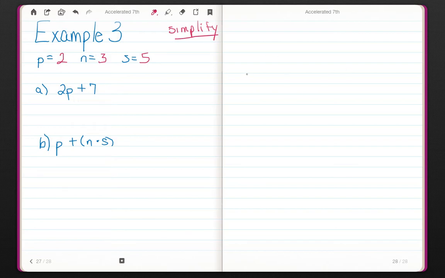So I'm going to show my work over here, as if I was copying this out of the book. So my original problem is 2p plus 7. I see from my book that p equals 2.